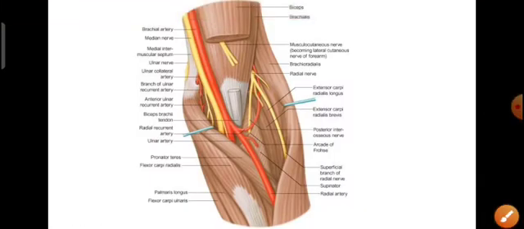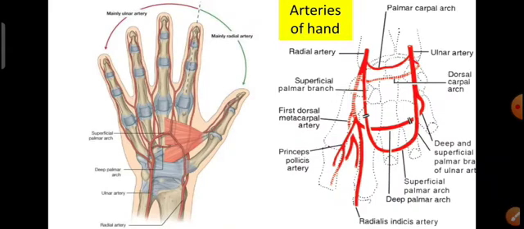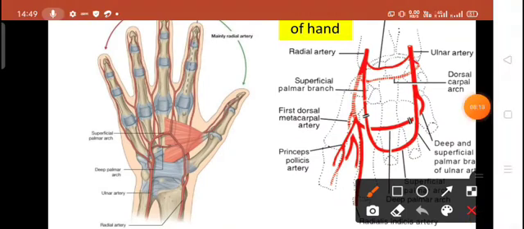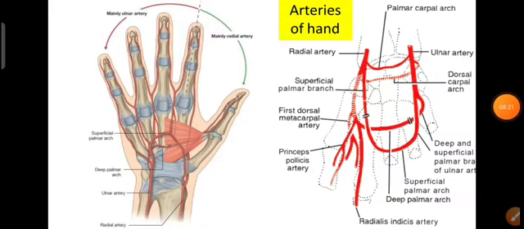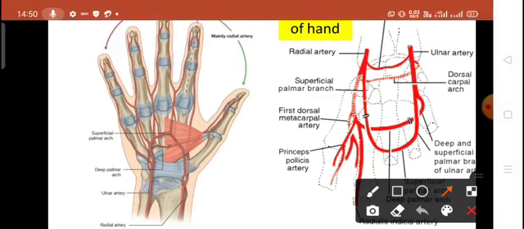Ulnar artery, near the lower part of the front of the forearm, runs forward, passing superficial to the flexor retinaculum and reaching the palm.